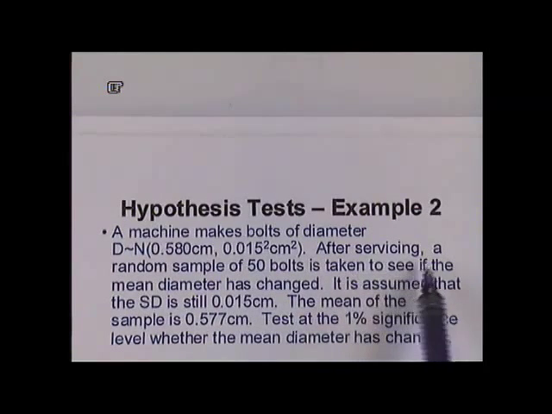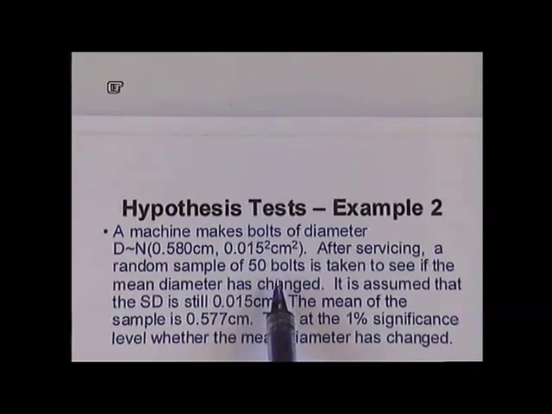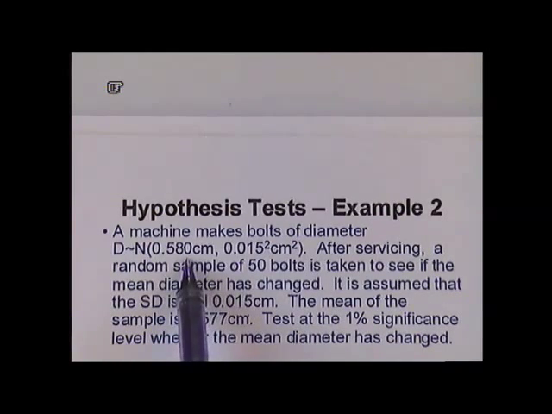After this machine has been serviced, a random sample of 50 bolts is taken to see if the mean diameter has changed. We assume the standard deviation is still the same. The mean of the sample is less than what was up here, and we're now told to see at the 1% significance level whether the mean diameter has changed.